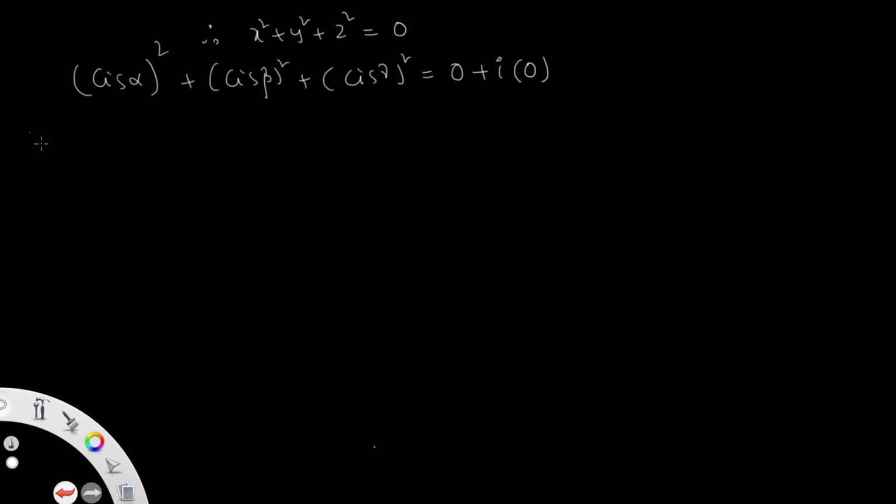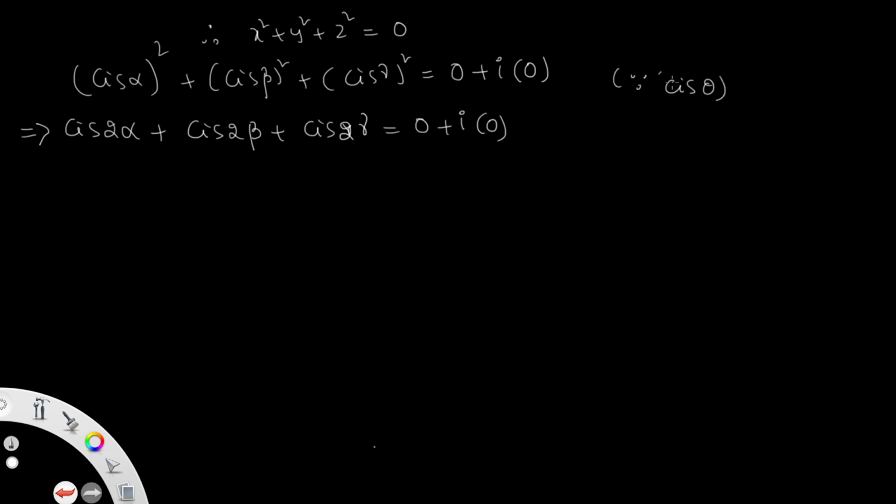Now (cis alpha) whole power n is cis n alpha, plus cis n beta plus cis n gamma, that is for n equal to 2, equal to 0 plus i into 0, since (cis theta) whole power n equals cis n theta.